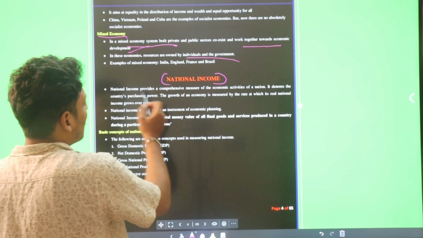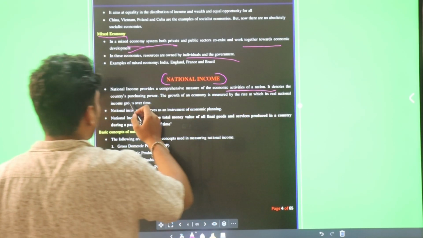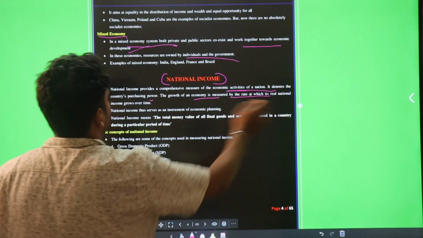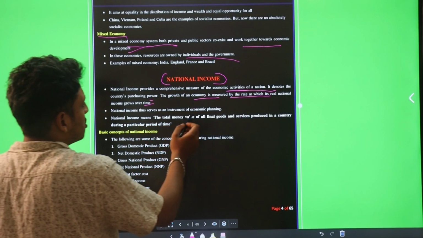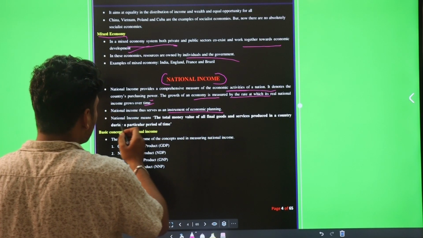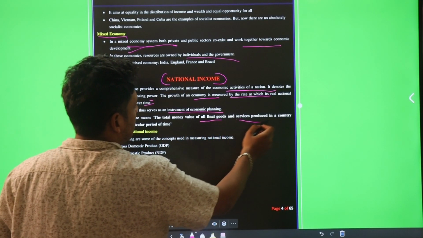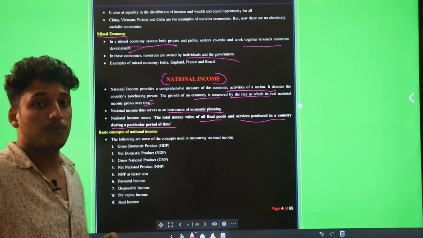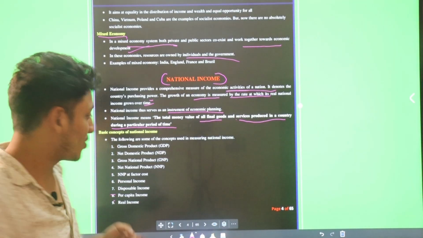National income provides a comprehensive measure of the economic activities of a nation. It denotes the country's purchasing power, and the growth of the economy is measured by the rate of real national income over time. National income means the total money value of all goods and services produced in a country during a particular period, but it does not include income from other countries or abroad.